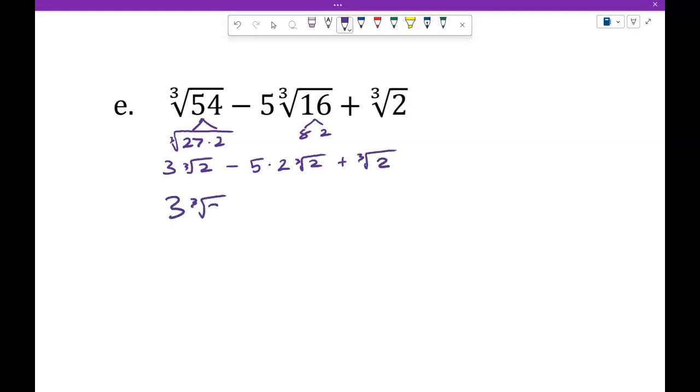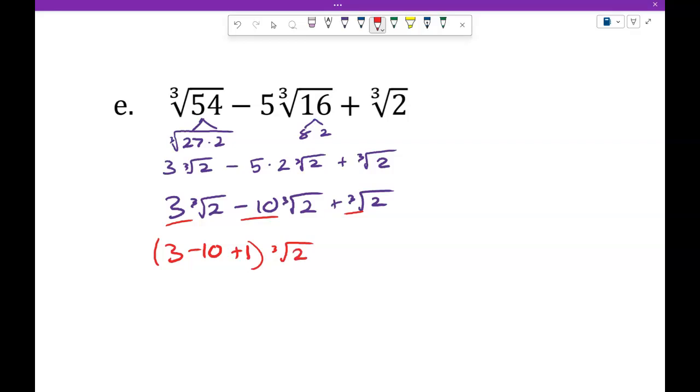So when we simplify a little bit more, we see that we have like radicals on every term. So we can go ahead and do 3 minus 10 plus 1 cube root of 2, giving us negative 6 cube root of 2.